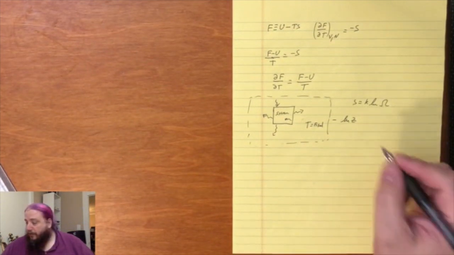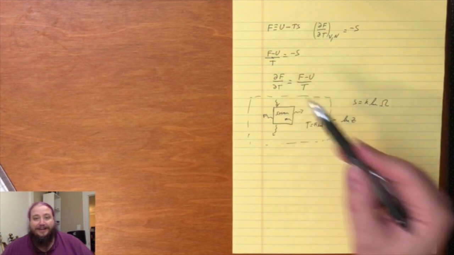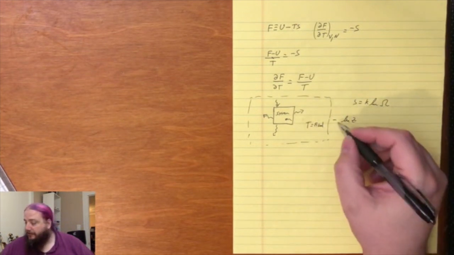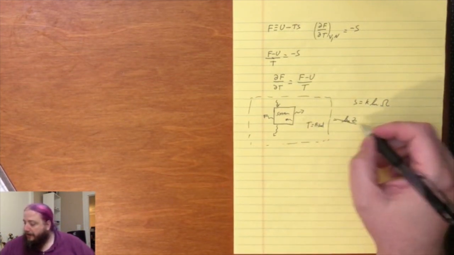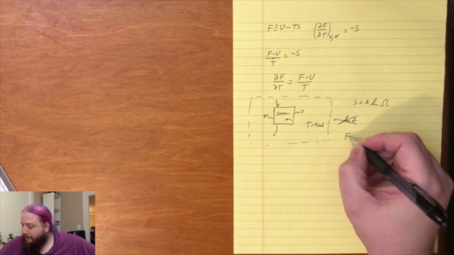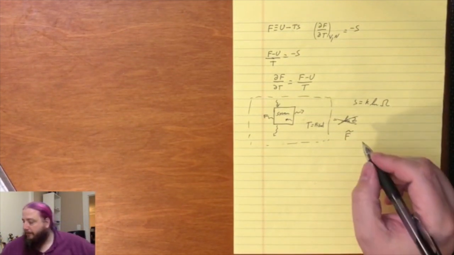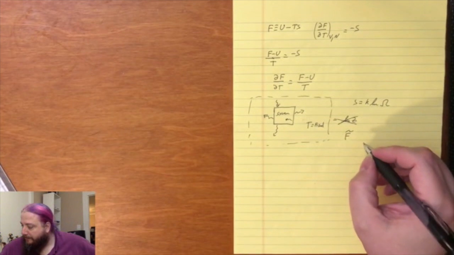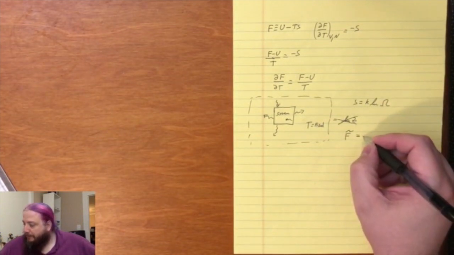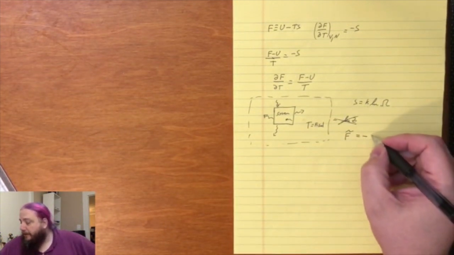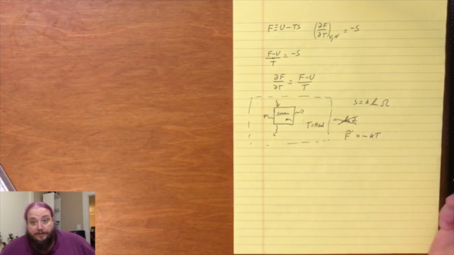And also, if it's going to be a free energy, it needs to have units of energy. So let's call our guess F tilde. We'll put a tilde on top to remind ourselves that this is our guess, but we'll say it's negative kT, which will give it units of energy.